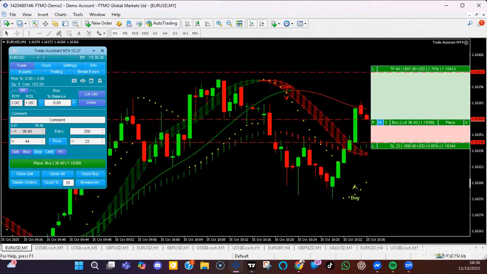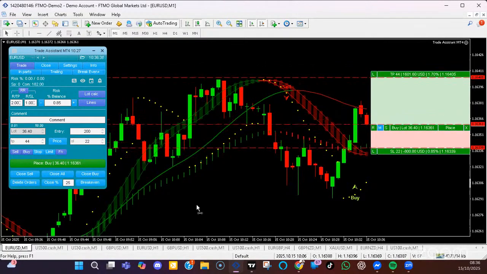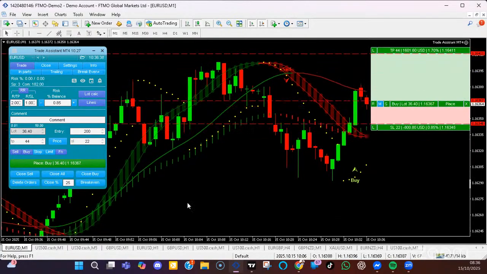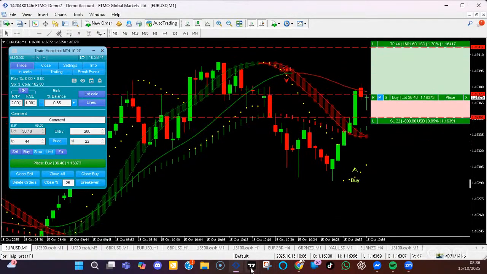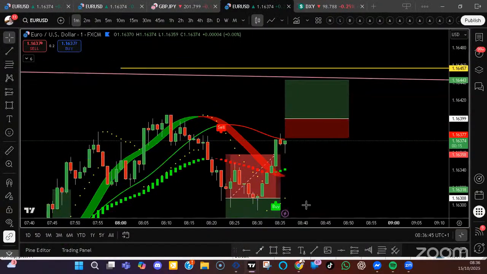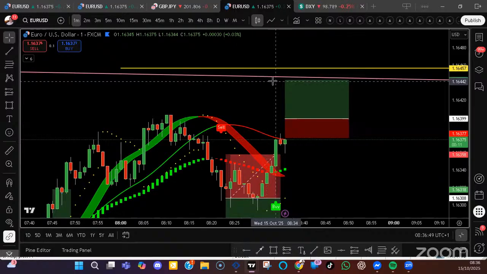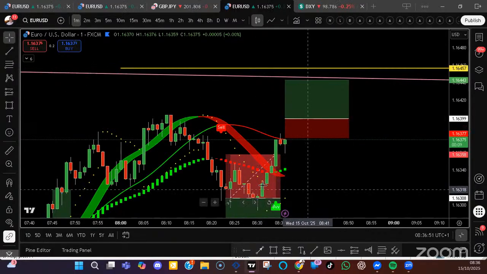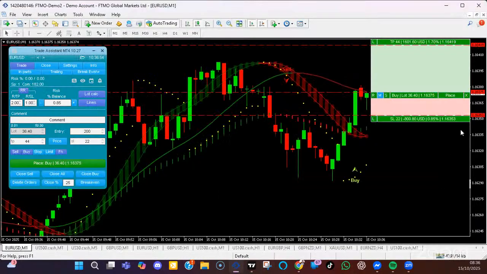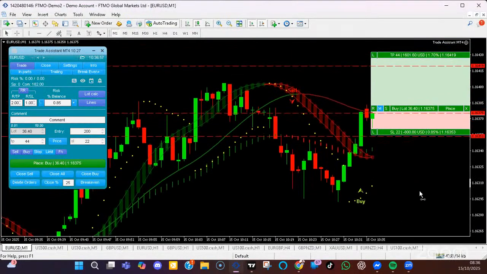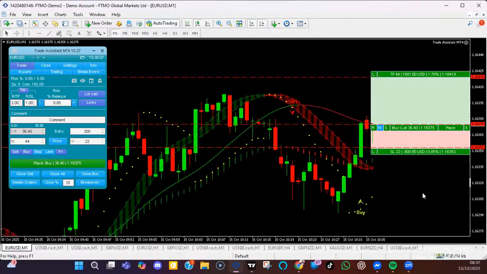But the general bias is for price to move on up. And as we can see from our TradingView example here, we're underneath the trend line and the sell zone, which will be good. So maybe a buy is what we're looking for.